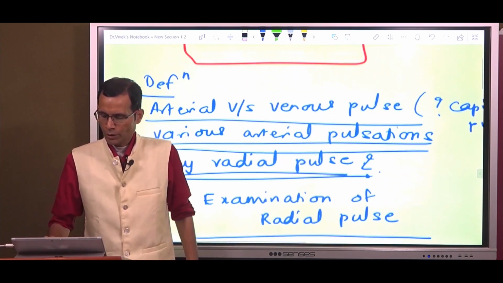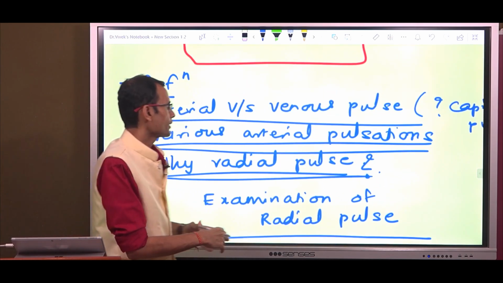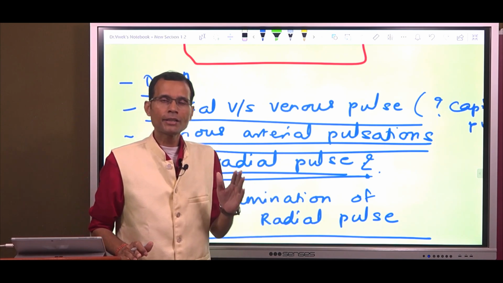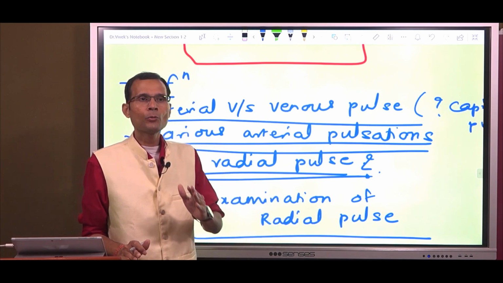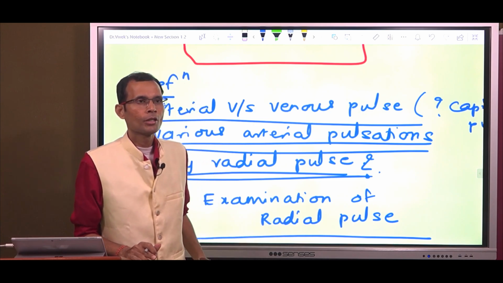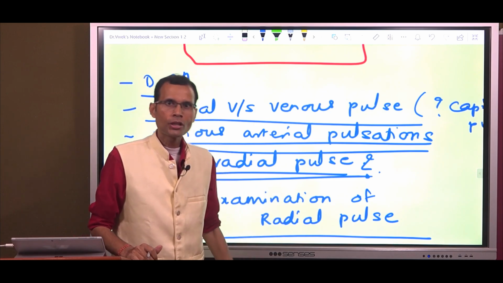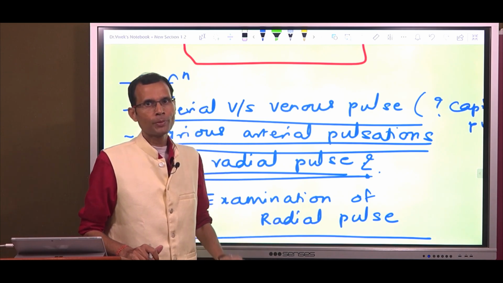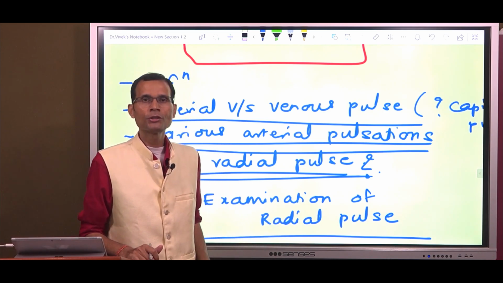Right. Talking about the arterial pulsations, there are arterial pulsations found at various places in the body. Starting from the toes upward, you have the dorsalis pedis artery, so pulsations can be felt in the foot.